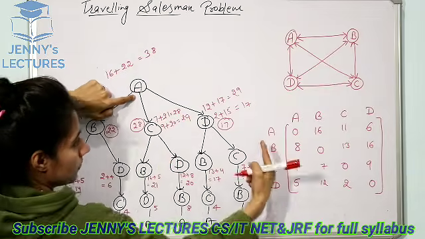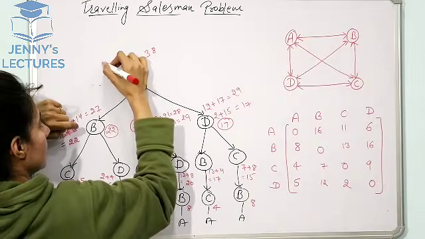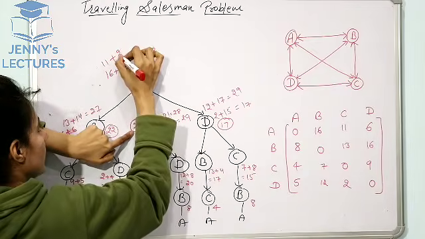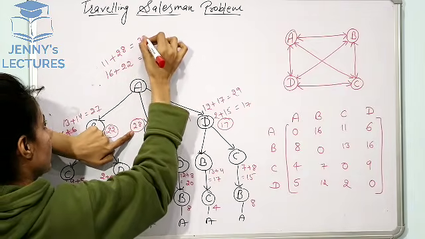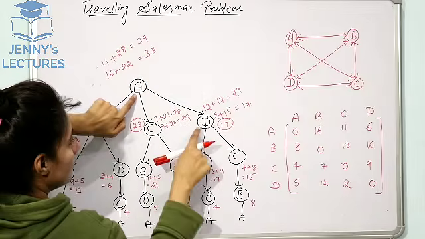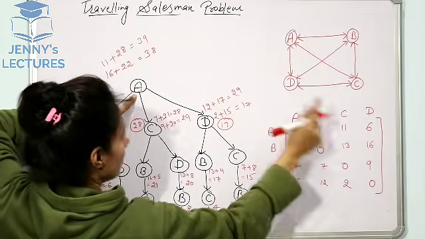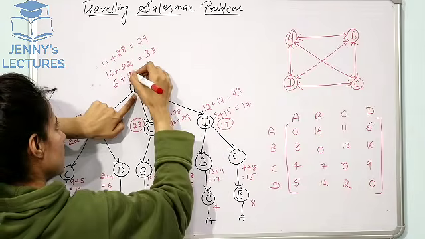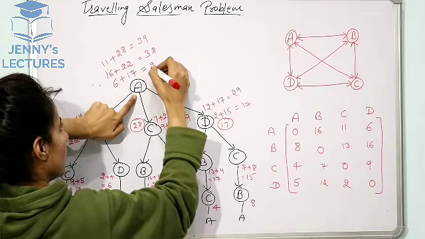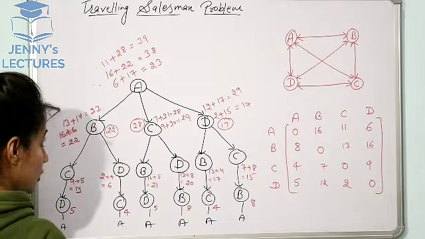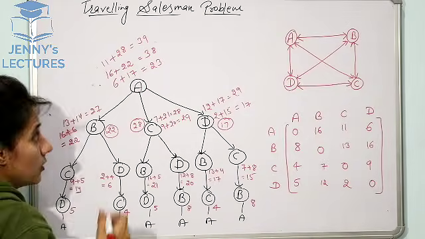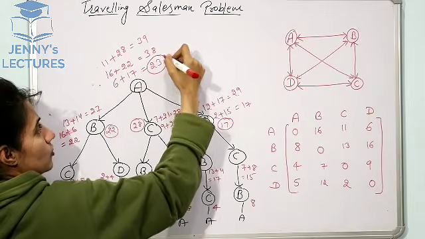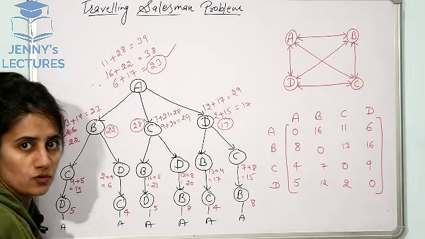Now A to C, that is 11 plus here the minimum, 28. Then it would be 39. And A to D, that is 6 plus this one, 17. And this would be, I guess, 23. Okay. Now out of these three, which one is minimum? That is 23.